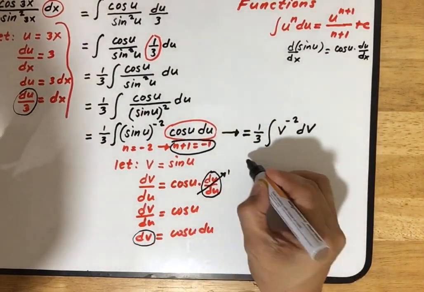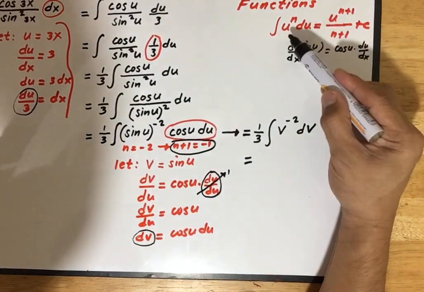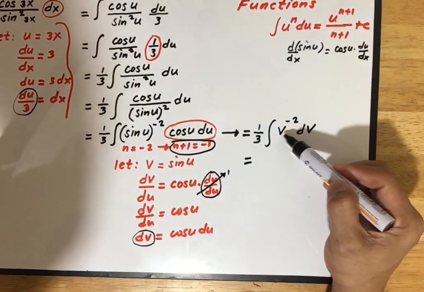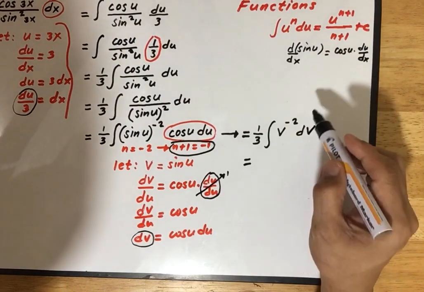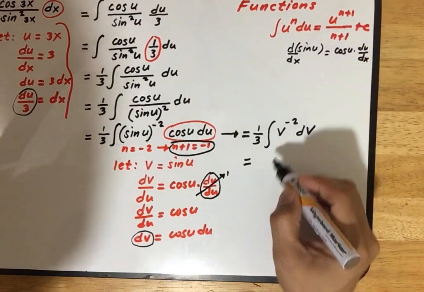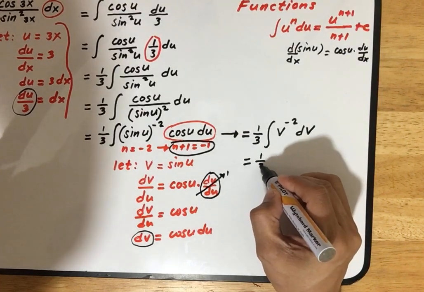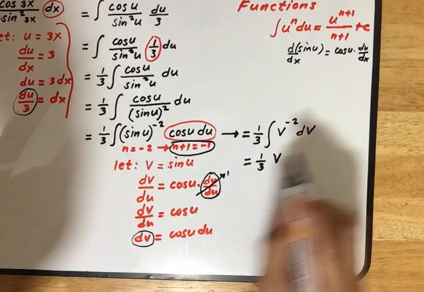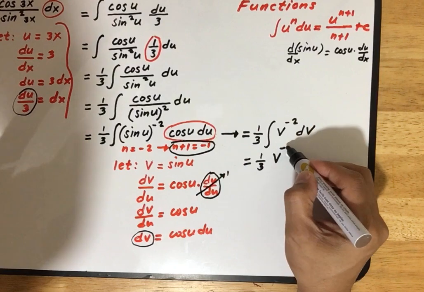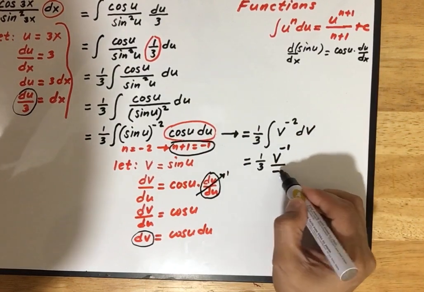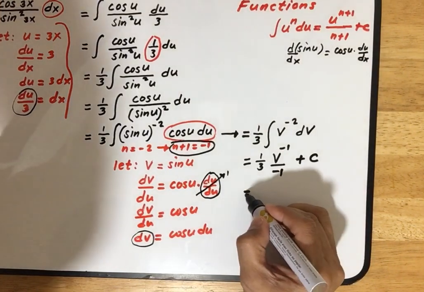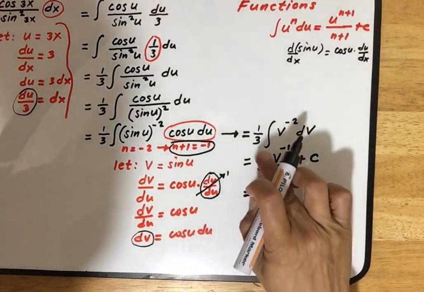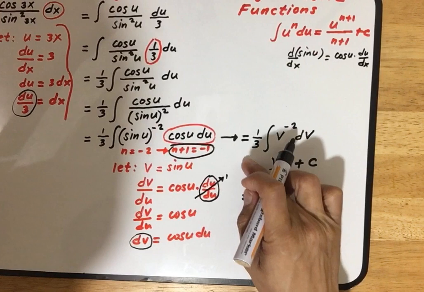Applying the formula, because this is now v to the n dv, it should be v to the n plus 1. So 1/3, this will be v to the n plus 1, but our n plus 1 is equal to minus 1, divided by minus 1, then plus c.